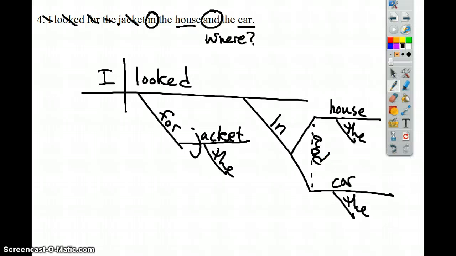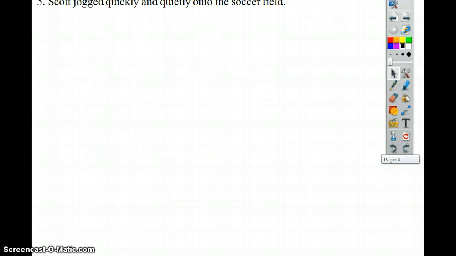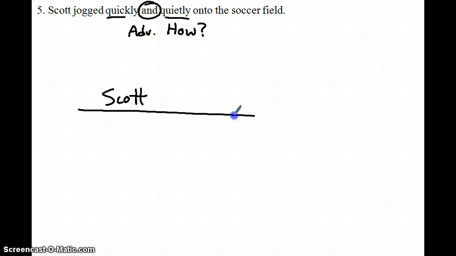Last but not least, one more example. Scott jogged quickly and quietly onto the soccer field. We have, again, a conjunction and. The two balanced elements are adverbs that are modifying jog, answering the question how Scott jogged. So we have our subject, Scott. What did he do? He jogged.